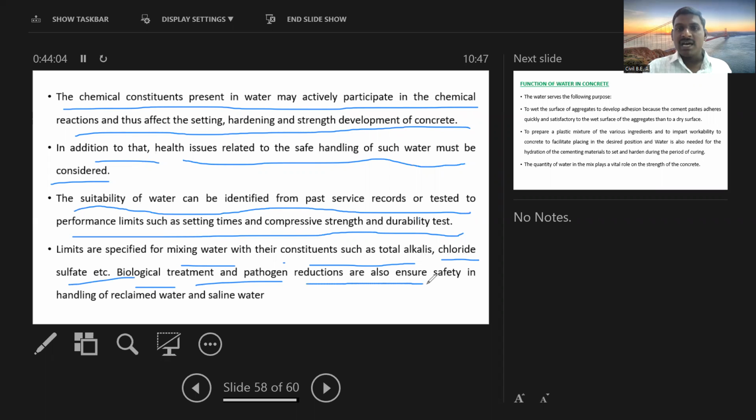And that reduction also ensures safety in the handling of reclaimed water and saline water. So water plays a very important role in the mixing of concrete. So these parameters, alkalinity, chloride, sulfate, biological treatment and pathogens present in the water, we have to study before using the water for construction.